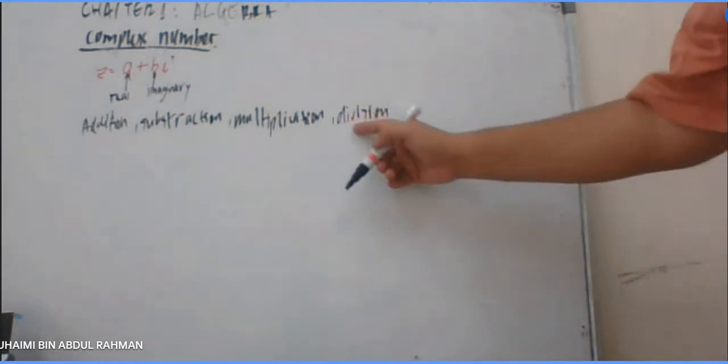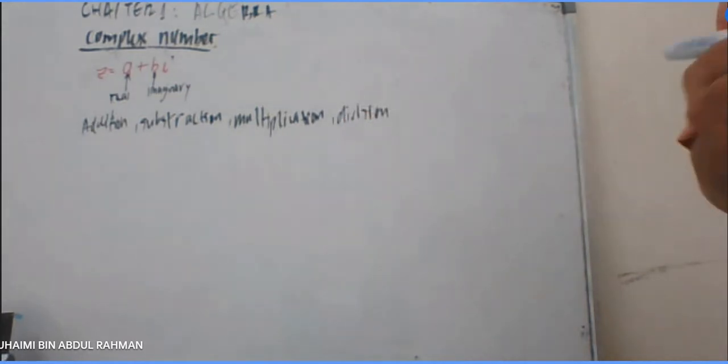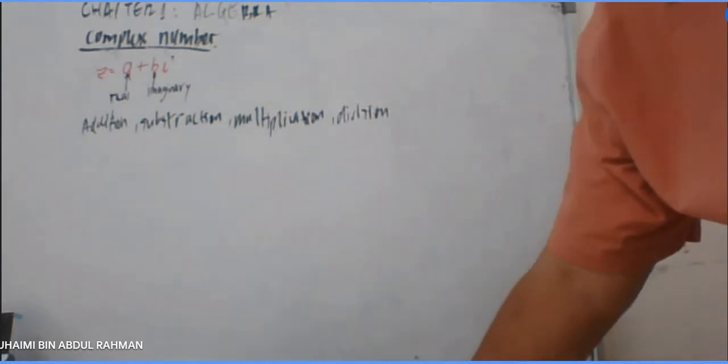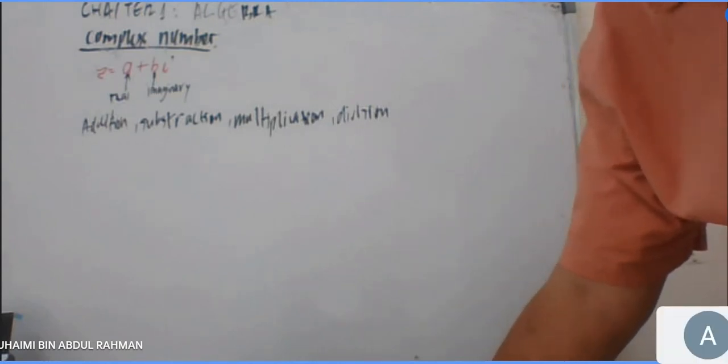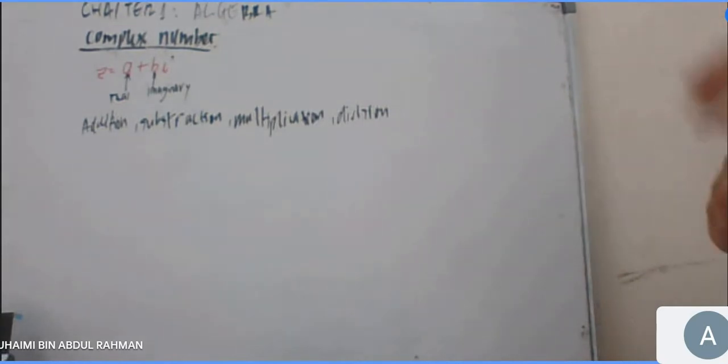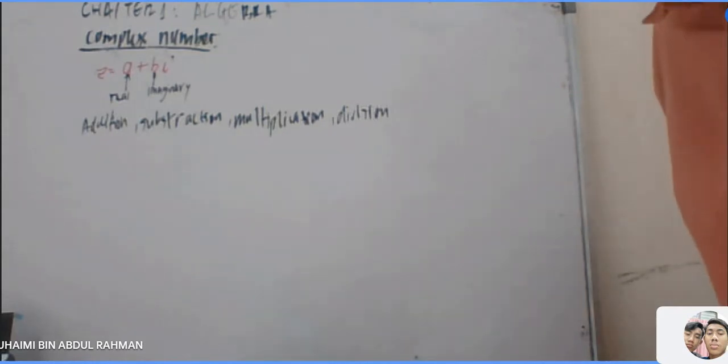However, to perform division, we have to know what we call the conjugate of a complex number first, because we need to multiply by the conjugate of the denominator. We have to multiply by the conjugate before we divide two complex numbers.